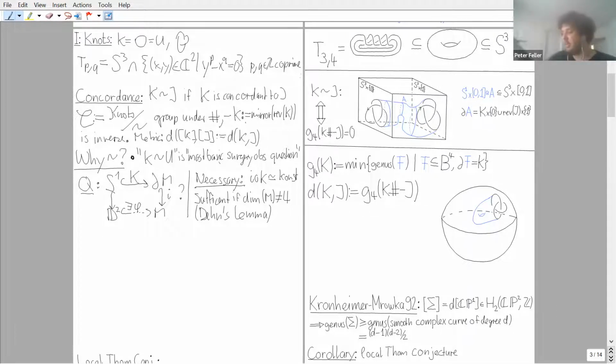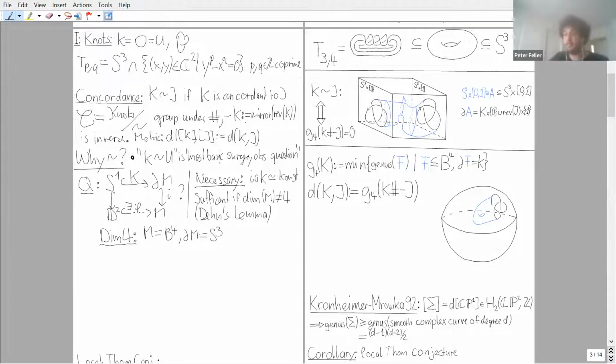When can you extend a map, this embedding from the circle, to an embedding of the disk? And my point is, what's the most local, simple thing you can do? Well, clearly the problem is only interesting in dimension 4. What's your favorite 4 manifold with boundary? It's B4. What's the boundary of this?